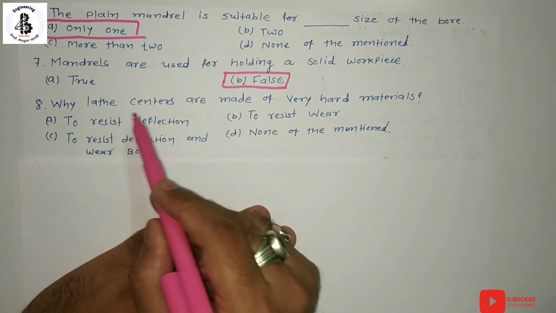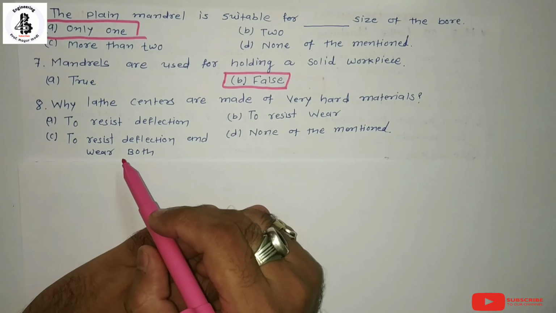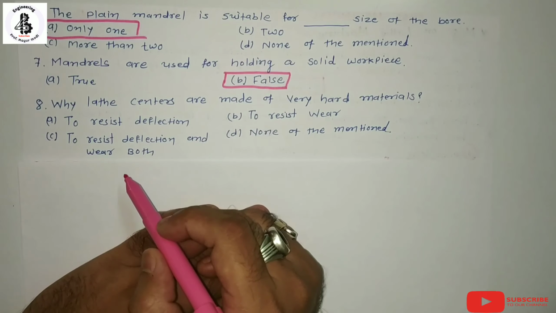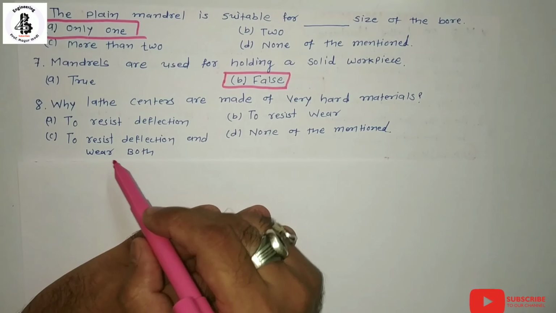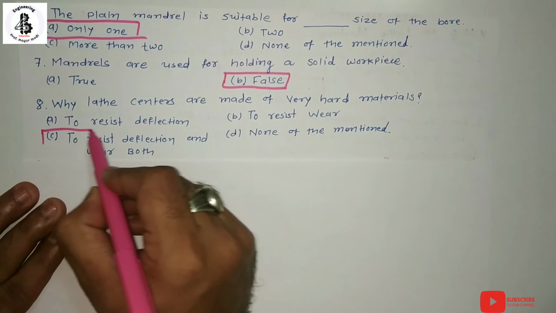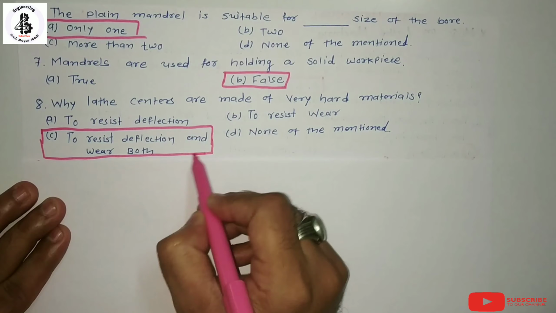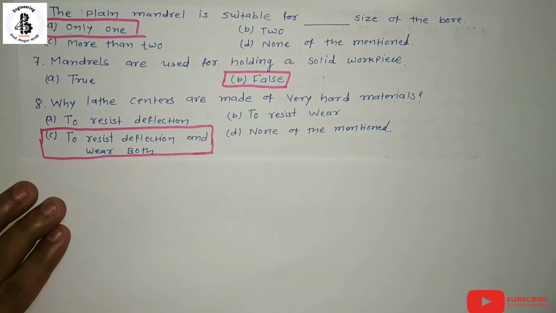Lathe centers are made of very hard materials basically to resist deflections as well as wear both. So the answer is C, resist deflections and wear both. Then next question.